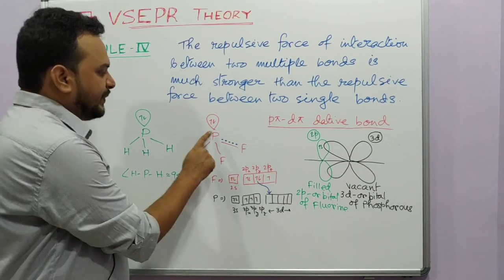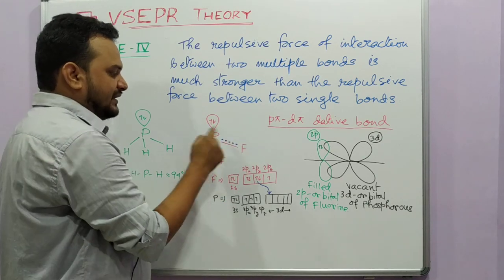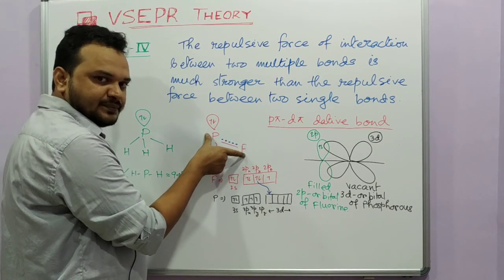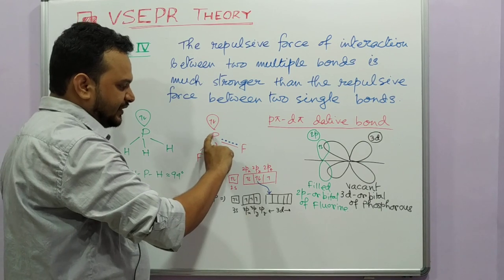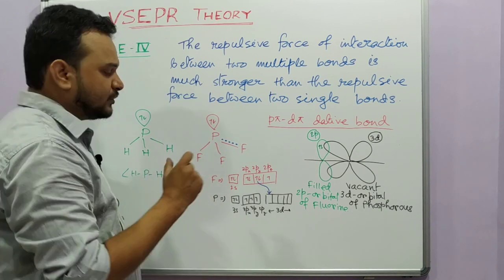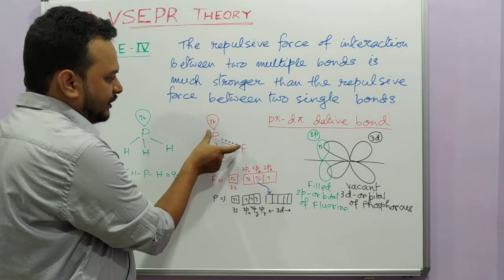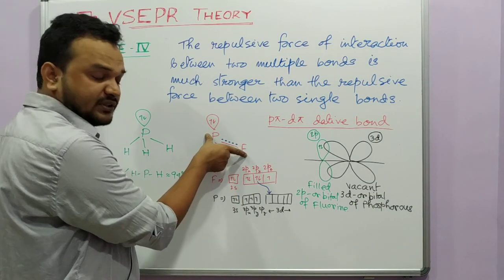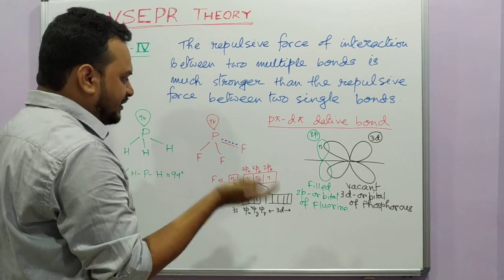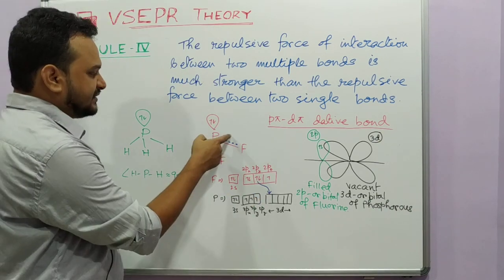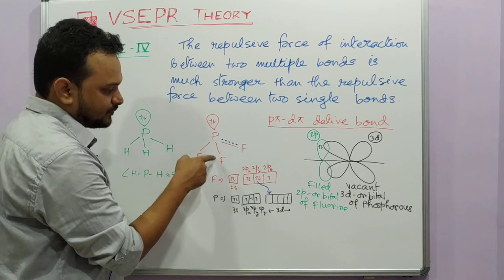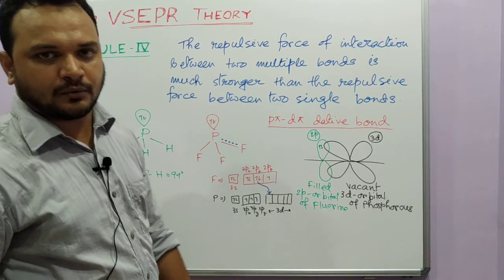Now this PF dative pi bond can exist between this pair, it can exist between this pair, it can exist between this pair. Suppose you are taking a snapshot. At this moment you can see the dative pi bond is between this phosphorus and fluorine. In the next moment, if you take another snapshot, you will see this dative pi bond is here between this phosphorus and fluorine, because all are equally probable.